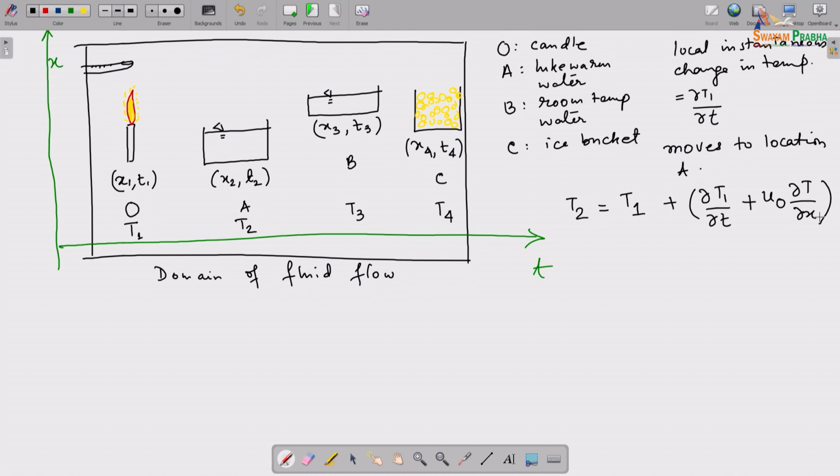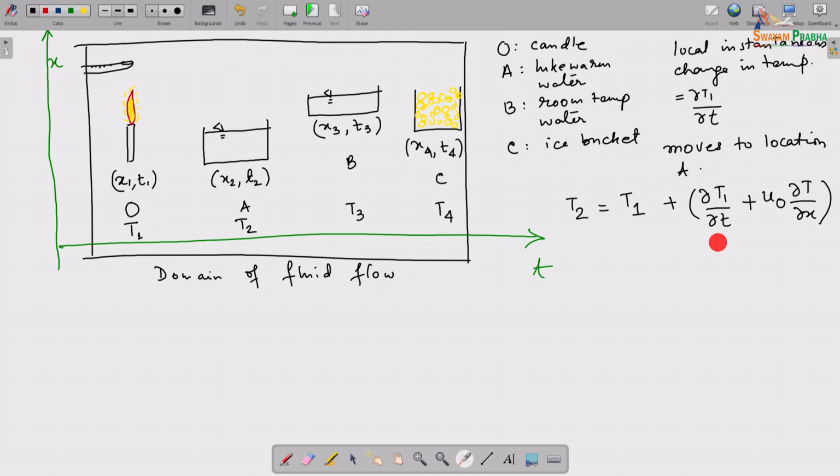So, if that is the total change, initially I was at T1, my finger's temperature was T1, and then I moved my finger through the candle, due to which there was an instantaneous change.